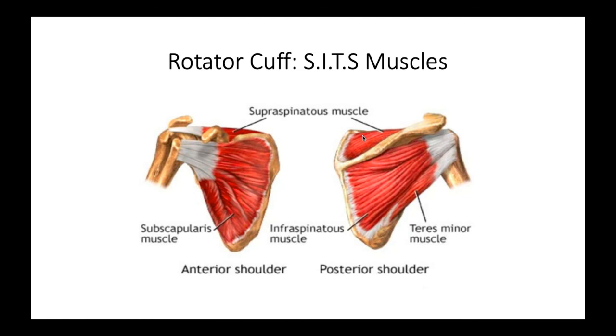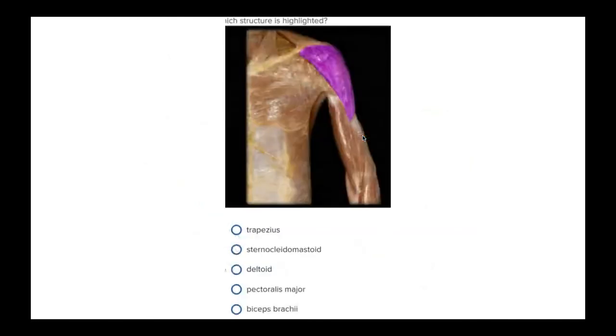Another sign of a torn rotator cuff: most people, when they abduct their arm, bring it up to the side like this. For a person with a torn rotator cuff, it looks like this. They can't do this, so they lean and try to use their trunk to bring their arm up. That's a classical sign, usually of a supraspinatus tear or even a clavicle fracture. They'll start to do stuff like this.